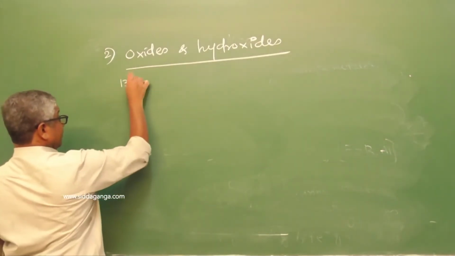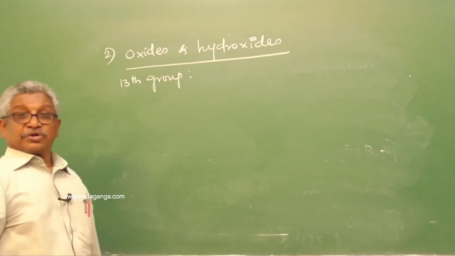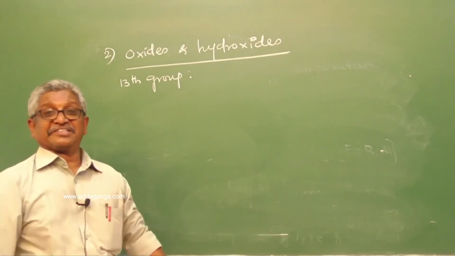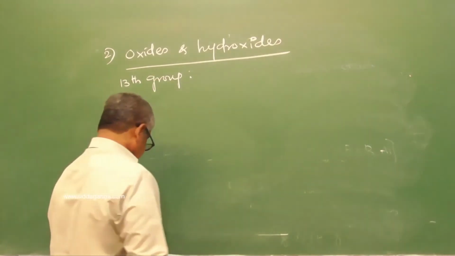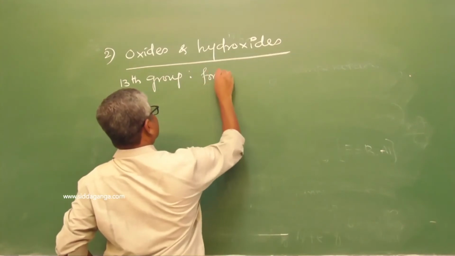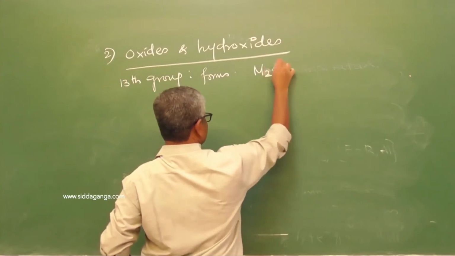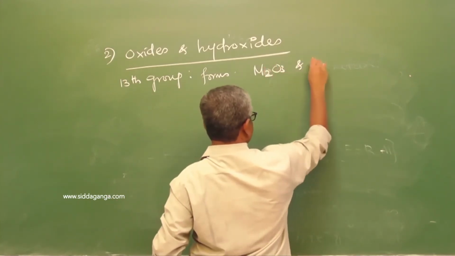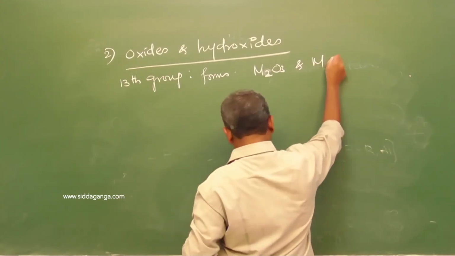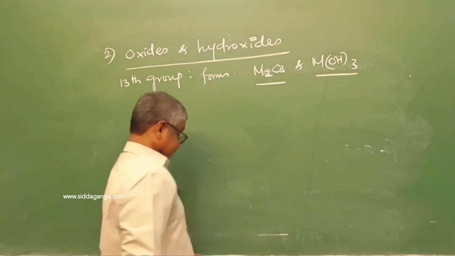The 13th group elements boron, aluminium, gallium, indium and thallium form element oxide and hydroxide, M2O3 and M(OH)3, where M indicates the 13th group element.